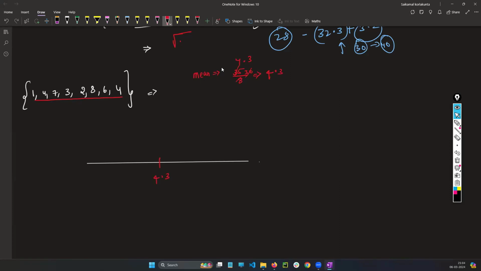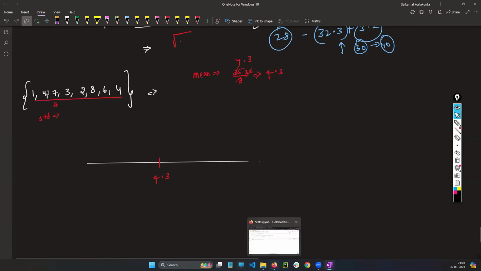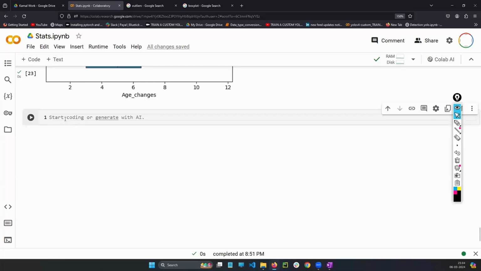Okay. What is the standard deviation of this data? Sir, it is very complicated to find out. Why waste the time? You just remember these numbers: 1, 4, 7. I will go here, and within minutes I will do it. A is equal to pd.DataFrame.